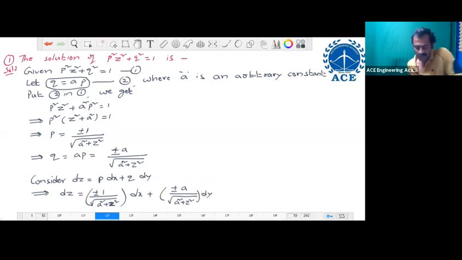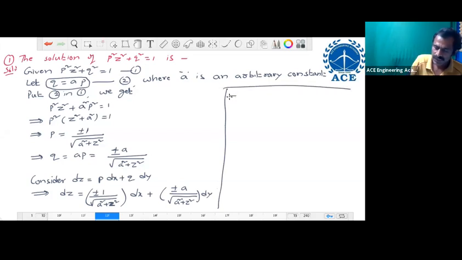So from the right hand side, we take the function of z as common, and we bring that to the left hand side, which implies under root a square plus z square dz equal to plus or minus is common from both, 1 dx plus a dy, and take the integration on both sides.